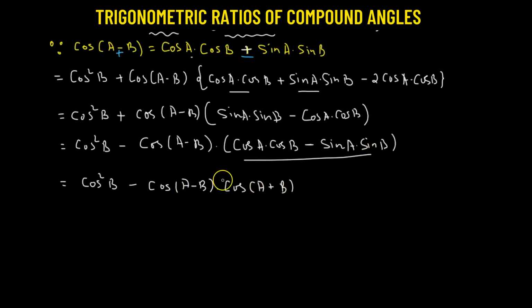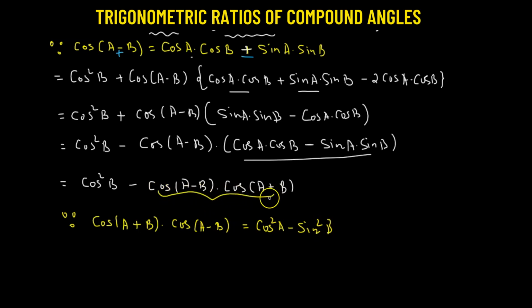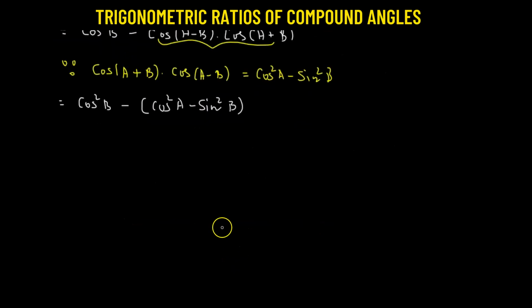There is a reason why we're writing in this fashion, because we have another identity which states that cosine of (A plus B) multiplied by cosine of (A minus B) is nothing but cosine squared A minus sine squared B. So we can replace this entire expression with cosine squared A minus sine squared B. That means we are now going to get cosine squared B minus, so we have cosine squared A minus sine squared B. We will further simplify this.